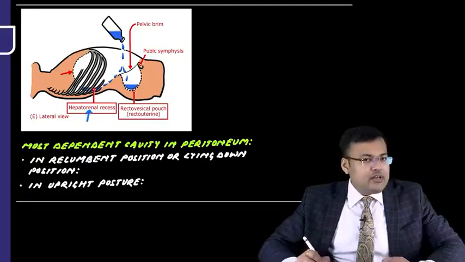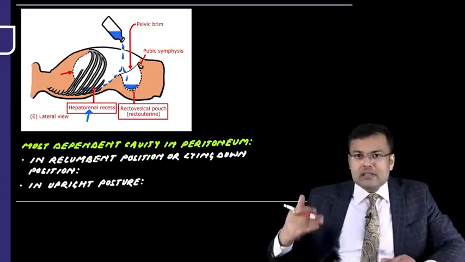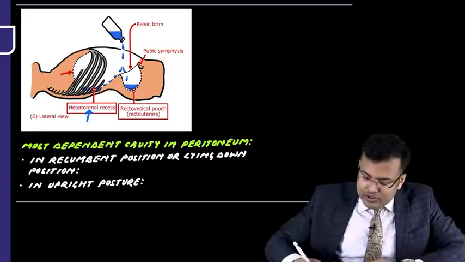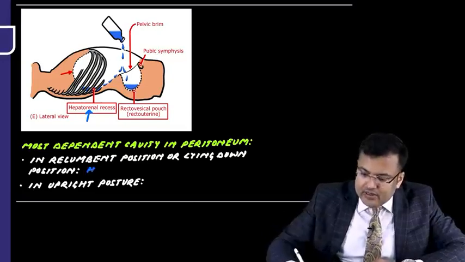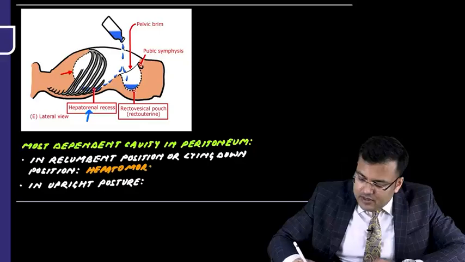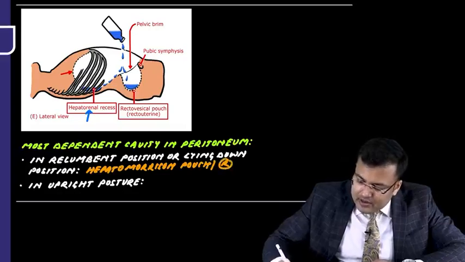This is the hepatorenal recess, also known as the hepato-Morrison pouch, also known as the right subhepatic space.